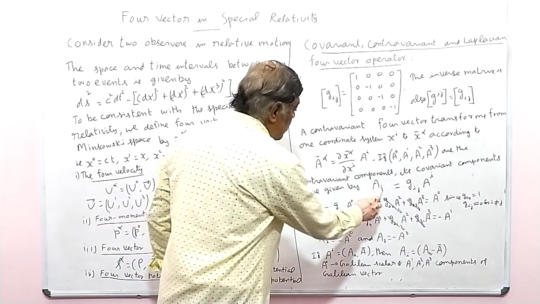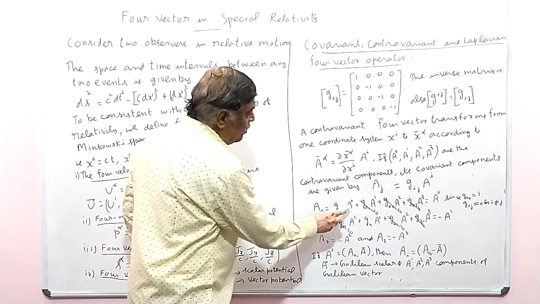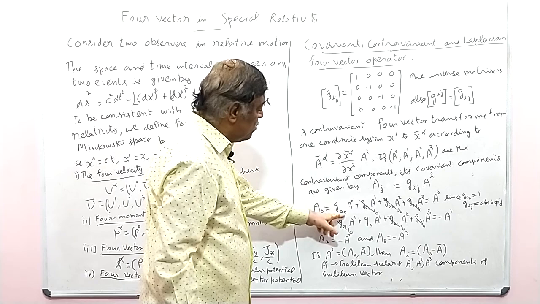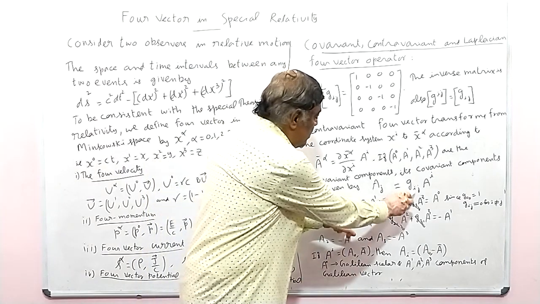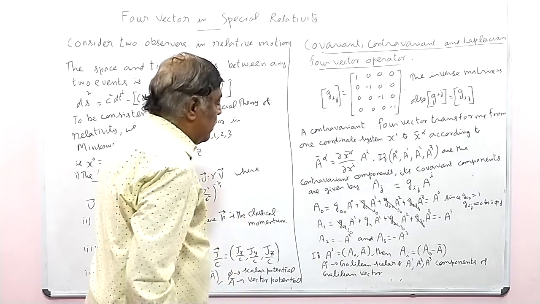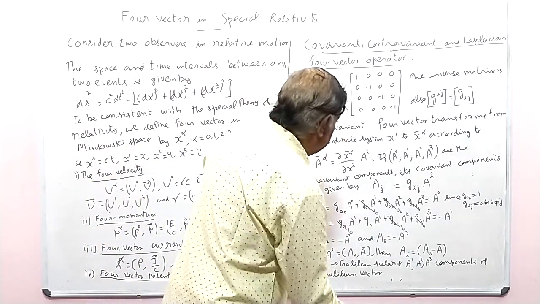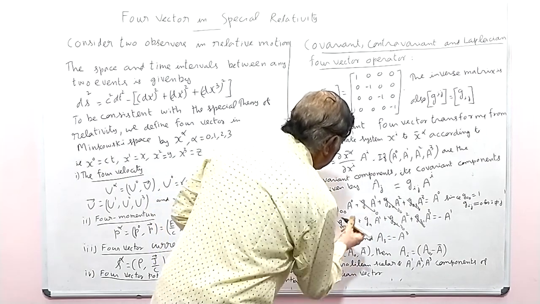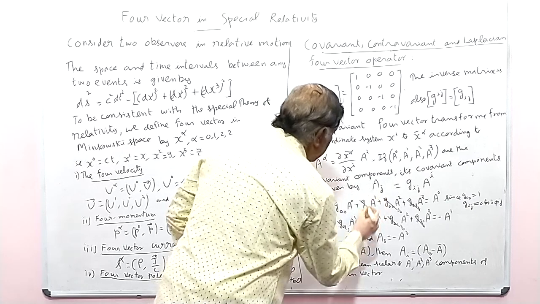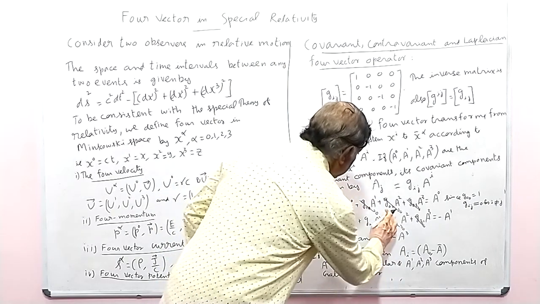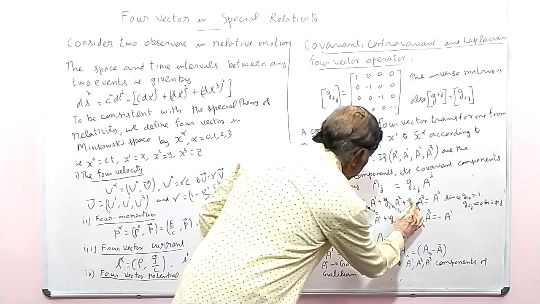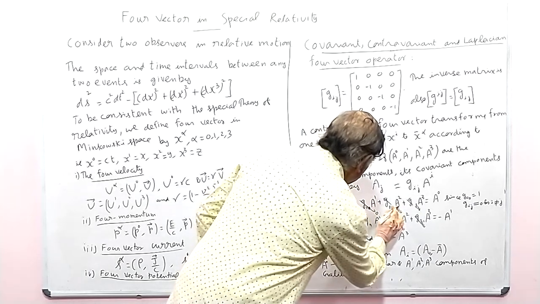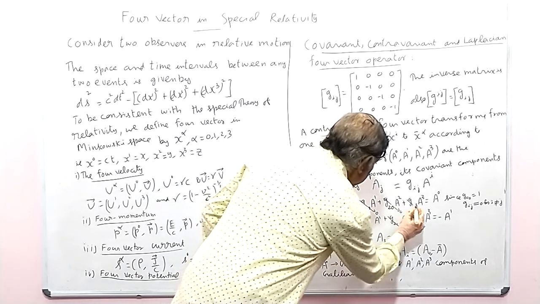So you put j equal to 0 and perform the summation over i. First i equal to 0, so G00 A^0 plus, i equal to 1, G10 A^1, plus G20 A^2, plus G30 A^3.